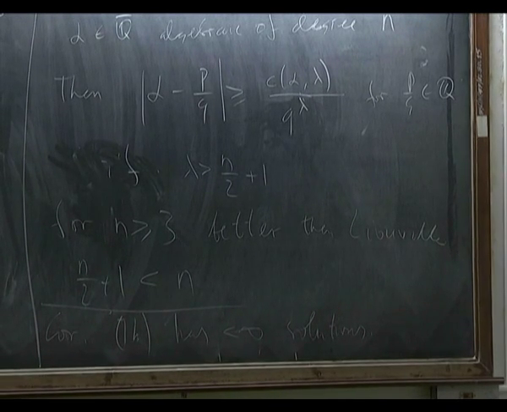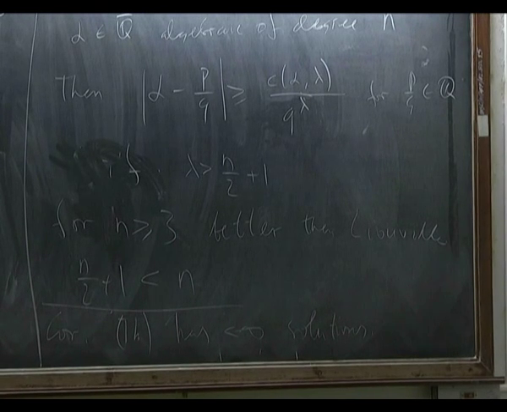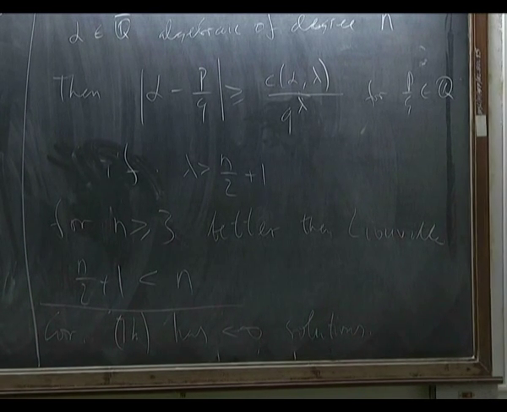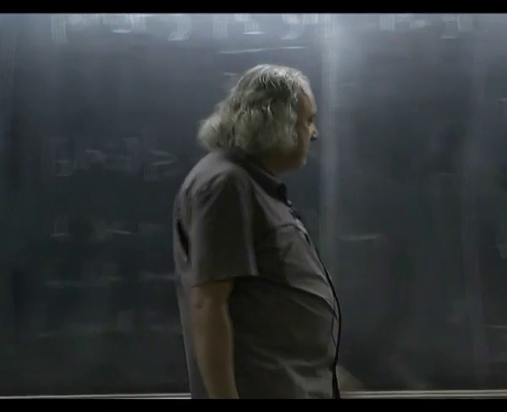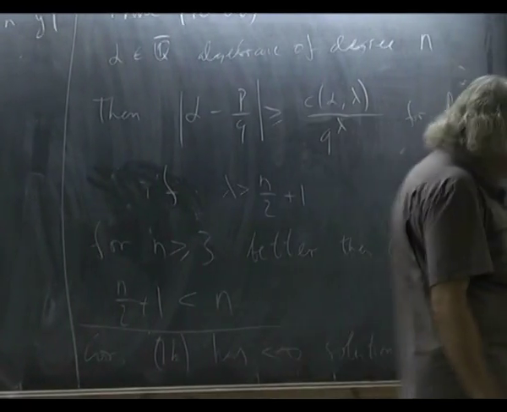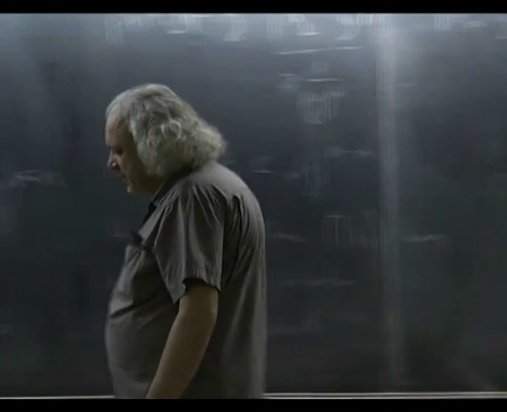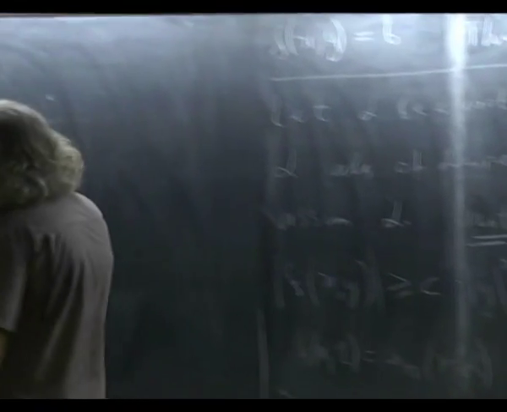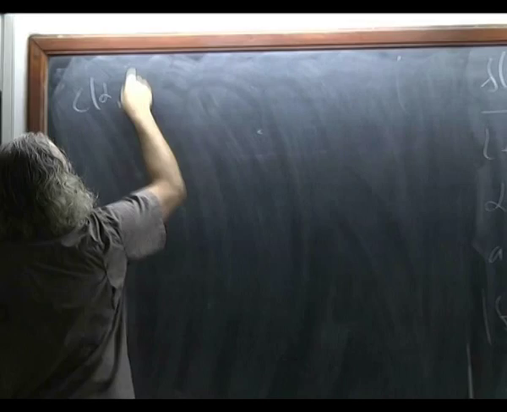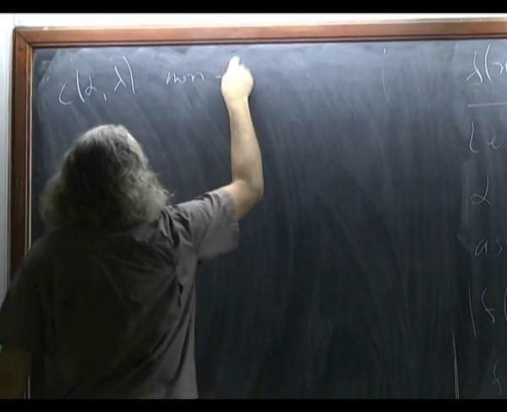But there is a price that we have to pay for this refinement, and so far one can only very partially overcome this problem. It is that this constant C of alpha and lambda is non-effective.